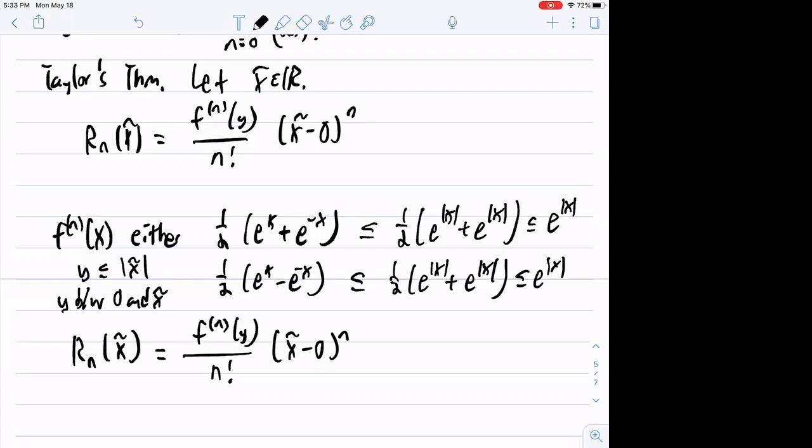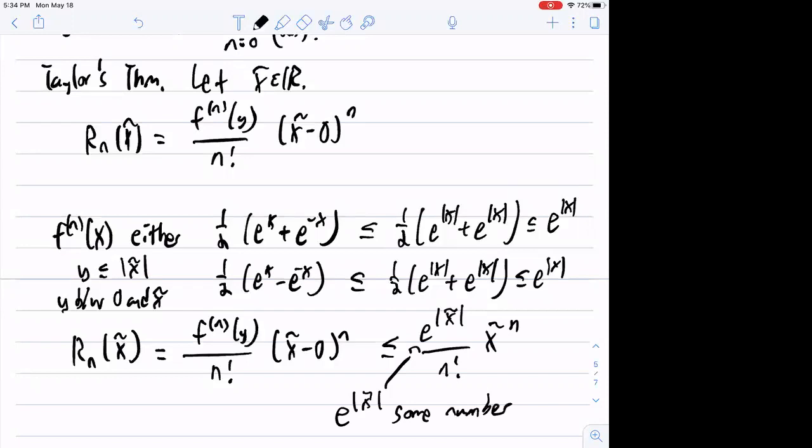So here, I could say I'm smaller than or equal to, using what we had above, e to the absolute value of x tilde over n factorial times x tilde to the n. And here, the e to the x tilde is just a number, right? So I have a number times a number to the n over n factorial. This goes to 0, right? Same reasoning. The number times exponential growth is exponential growth, and the bottom is factorial growth. Yeah?